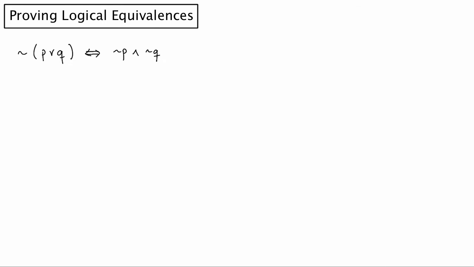So first off, a couple of points here. The statement with the double bar arrow like this, we're going to use that to stand for logically equivalent. And now the second part to this is, okay, what does logically equivalent mean?